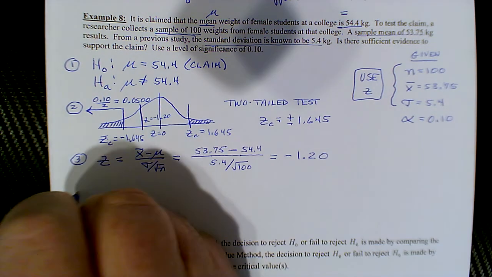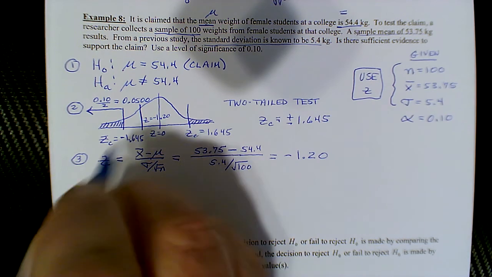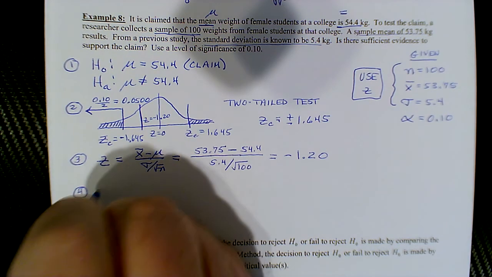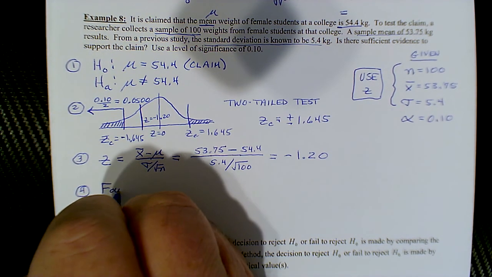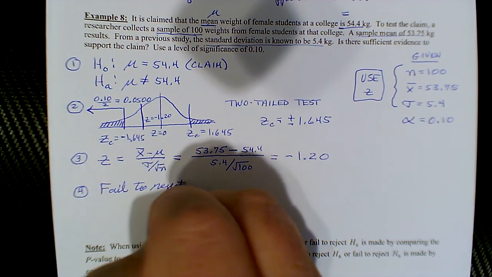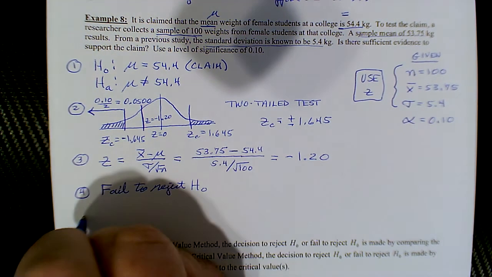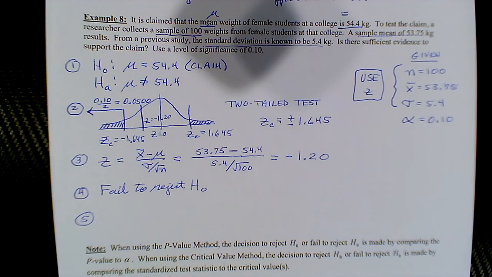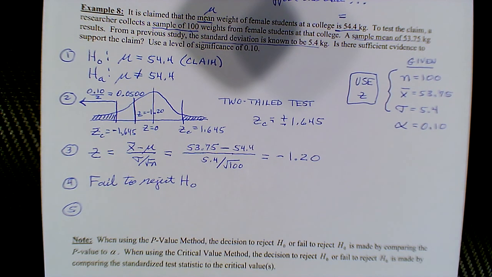And so if we're not rejecting H0, that means that HA is the bad thing. The word reject is always in our answer if H0 is the claim. So there's not enough evidence to reject the claim. And again, you could be using that little chart.